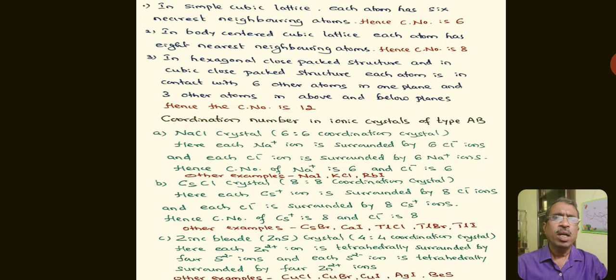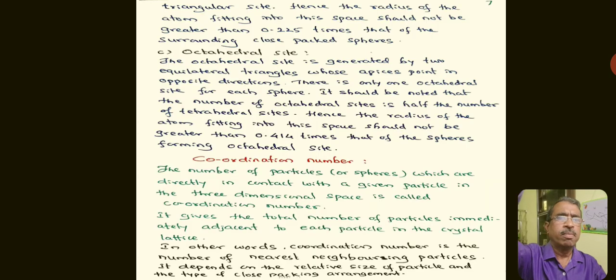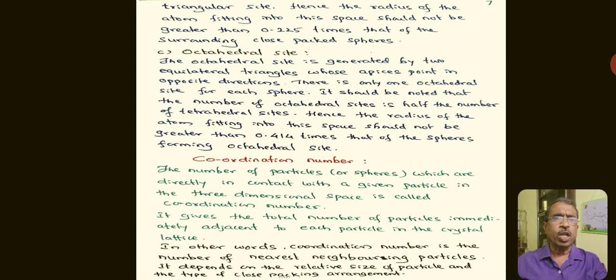Now, let us take another aspect, that is the coordination number. The number of particles which are directly in contact with a given particle in three-dimensional space is called coordination number.